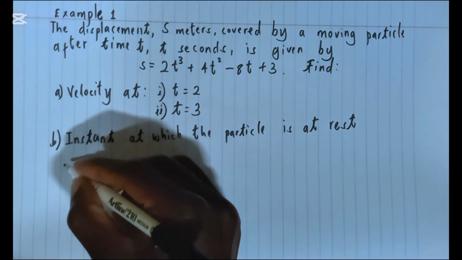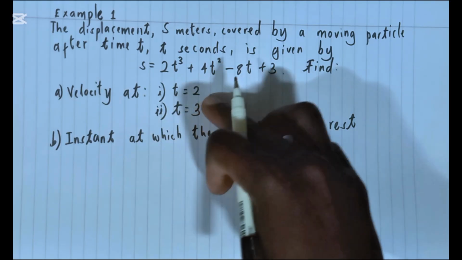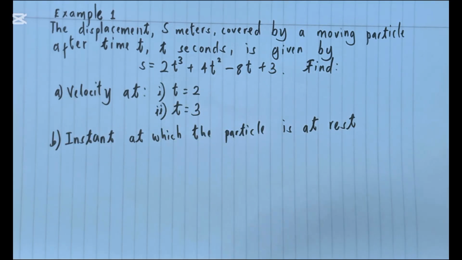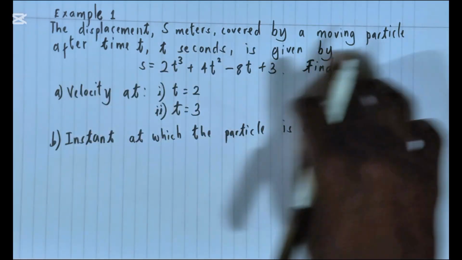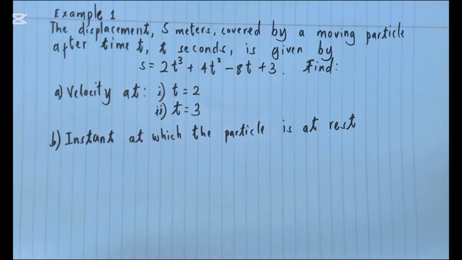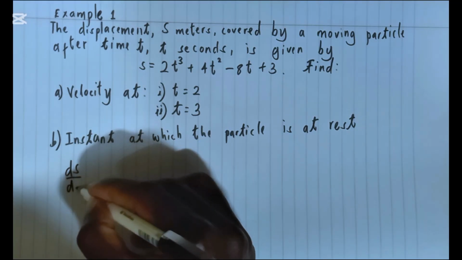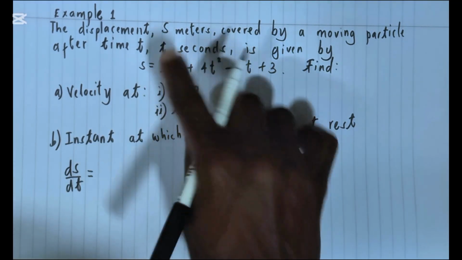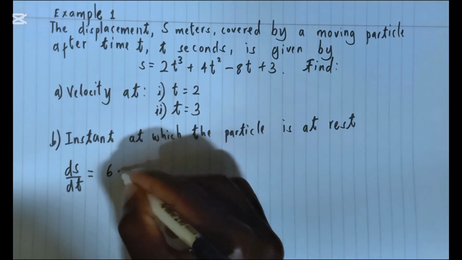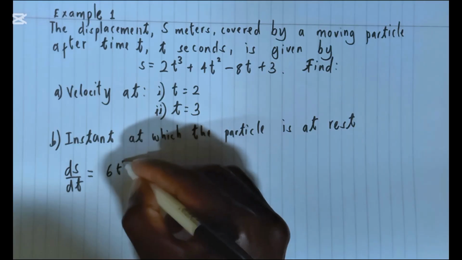To find velocity at time 2 and time 3, we first find the function that describes the velocity. So we find the derivative of s with respect to t, and that will be 3 times 2... sorry, 3 times 2 gives 6, and t raised to 3 minus 1 is t squared.